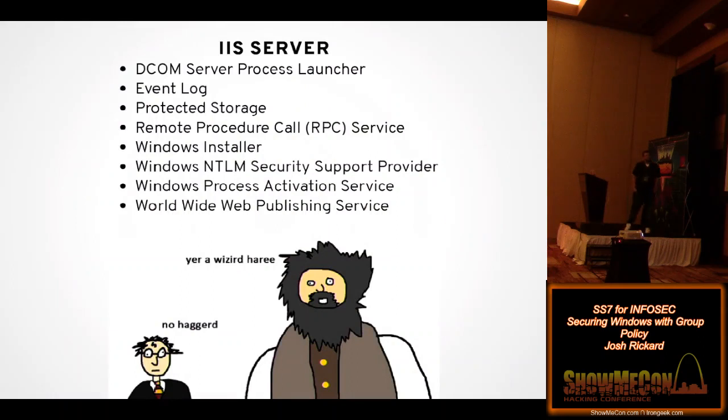For a typical IIS server base, I'm not saying this is the minimum. These are the services that need to be enabled to run. Out of all those other ones that you saw, you don't need them at all. You need to have a Windows installer, remote RPC service, whatever it is, by default.